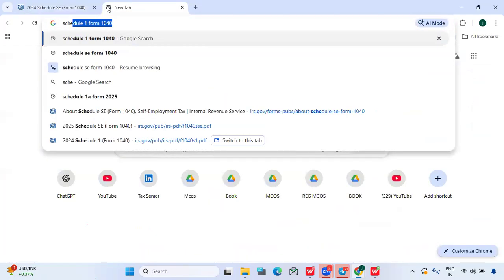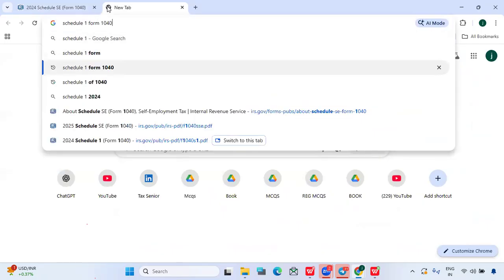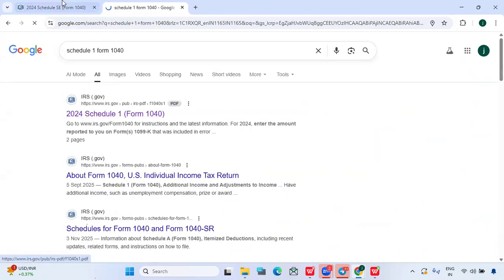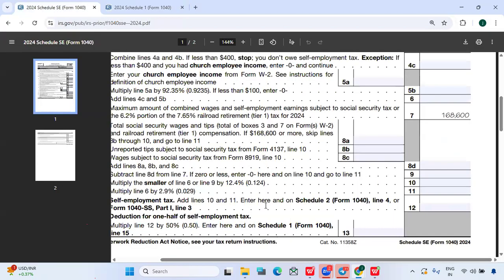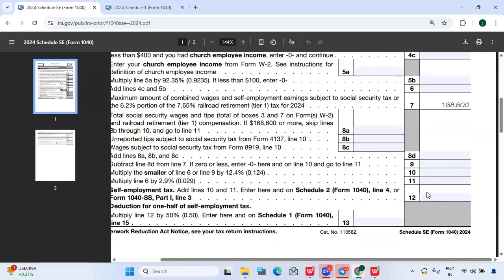So let's quickly open Schedule 1 of Form 1040. Let's say we have calculated self-employment taxes of $10,000. So half of this amount is $5,000.